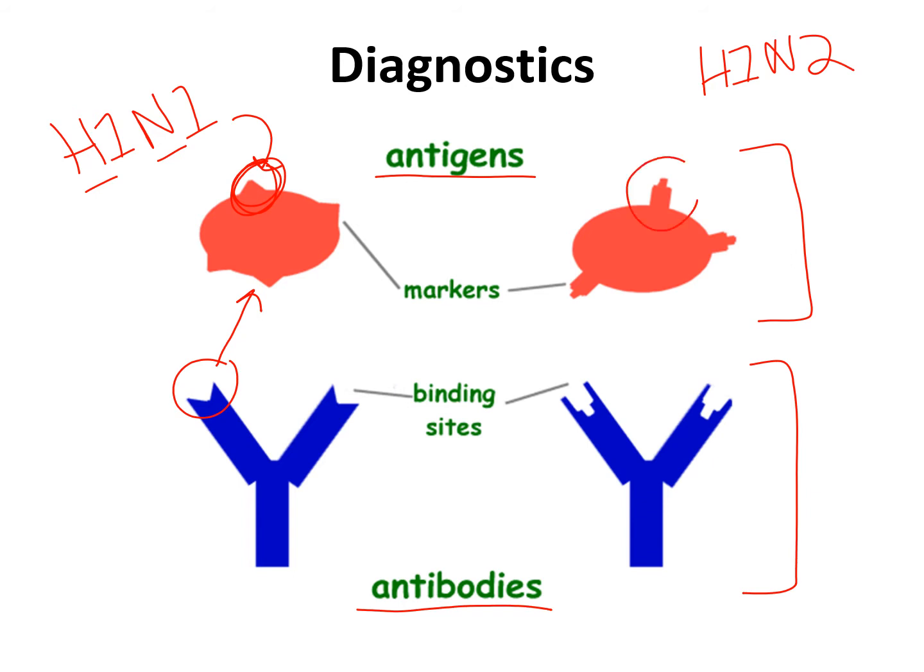And this could be the 2 antigen, and these would be the antibodies that only recognize the 2 antigen. And so that would be two different ways you can identify different strains of flu virus, either looking for the exact antigen on the flu virus or looking for the person's antibodies that would recognize the different strains of the flu virus.